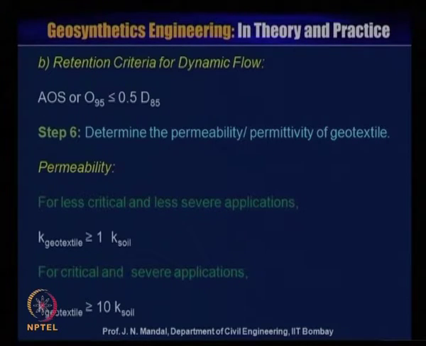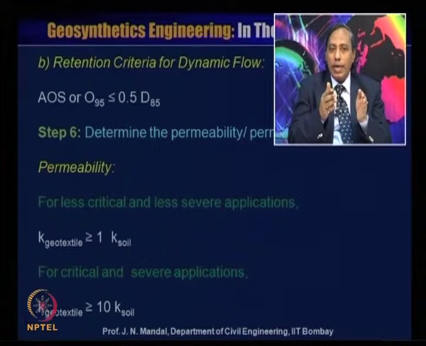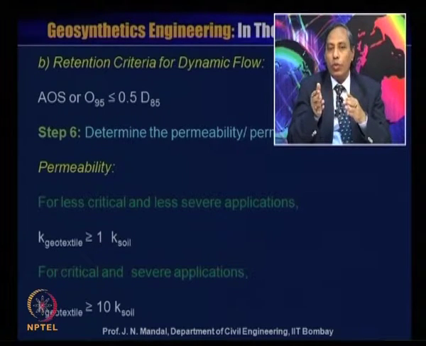Now, permeability: for less critical and less severe application, the coefficient of permeability of geotextile should be greater than or equal to the coefficient of permeability of soil. But for critical and severe application, the coefficient of permeability of the geotextile should be greater than or equal to 10 times the coefficient of permeability of the soil.